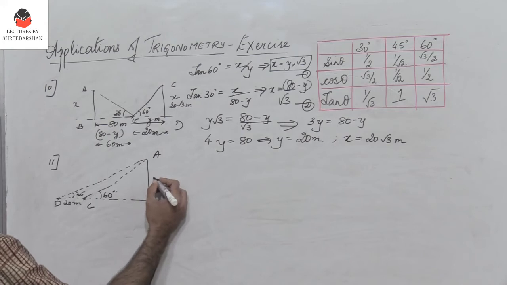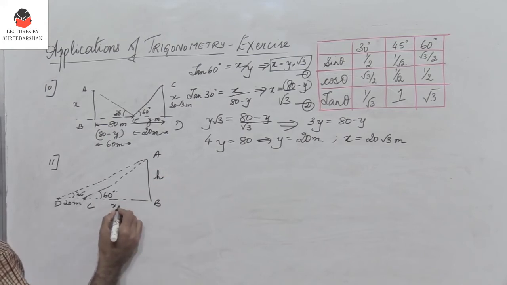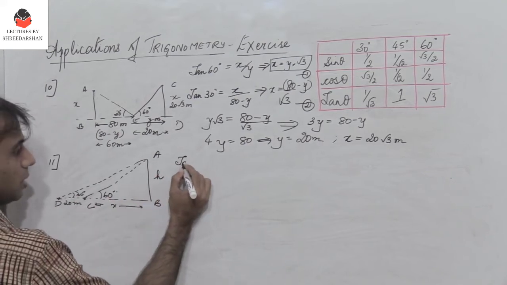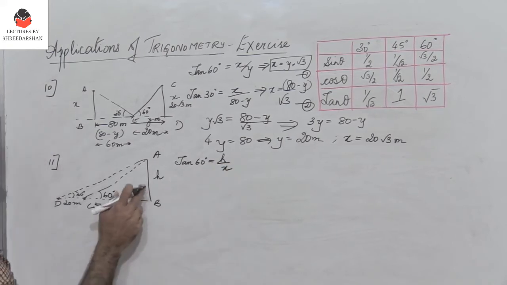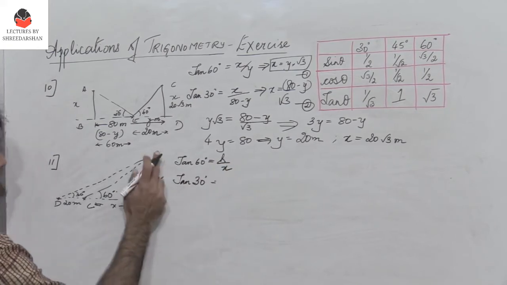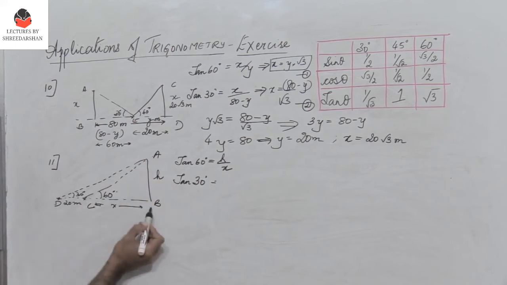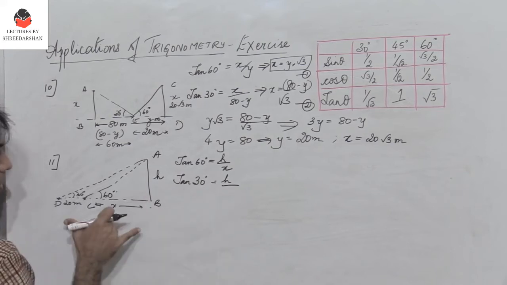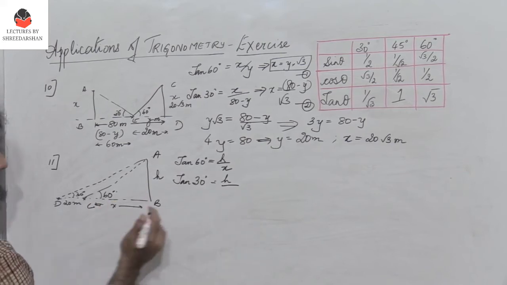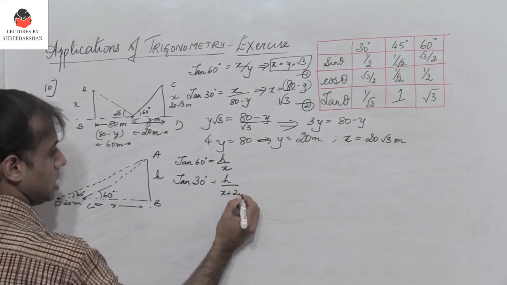So let this be h, the height, and let this be x, which is the width of the canal. Let me apply tan 60. So tan 60 is opposite side by adjacent side, so h by x. Apply tan 30. If I consider this triangle ADB, tan 30 is opposite side, which is AB, h, divided by the adjacent side, which is x plus 20.